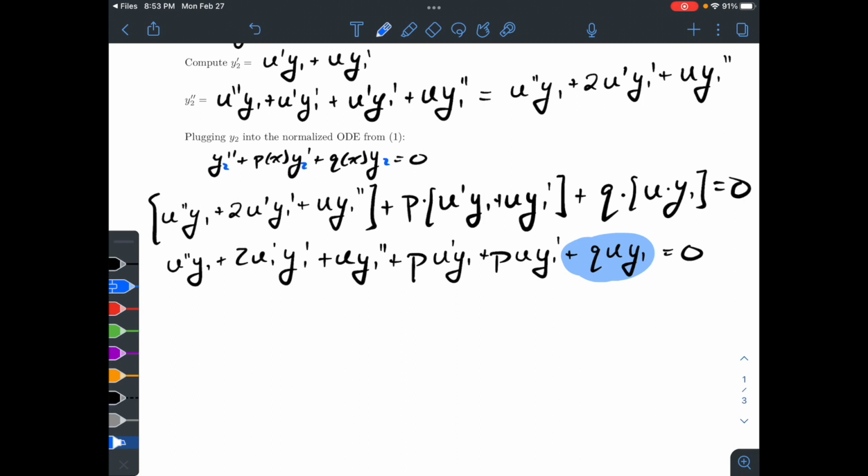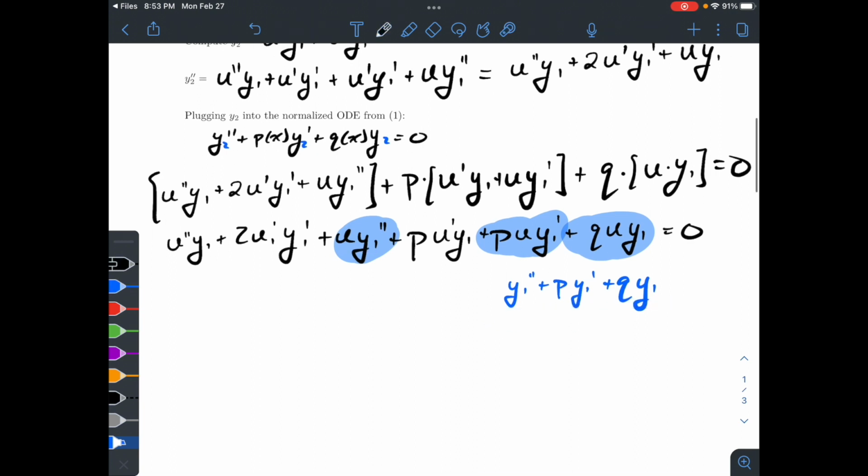So again, we're looking for y1 double prime plus p y1 prime plus q y1. So we have that. That's basically this term times u. And then do we have a u times y1 double prime? Yeah, we do right here. So these three things are basically just u times this whole thing, which is going to be equal to 0.